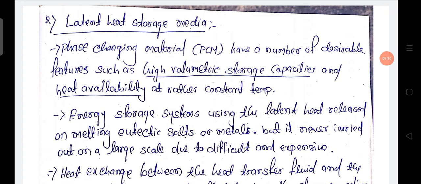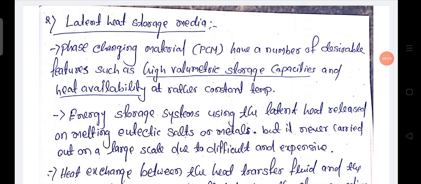That means when that material is converted from solid to liquid, or liquid to solid, or solid to vapor, or liquid to vapor, that material emits a huge amount of thermal energy.